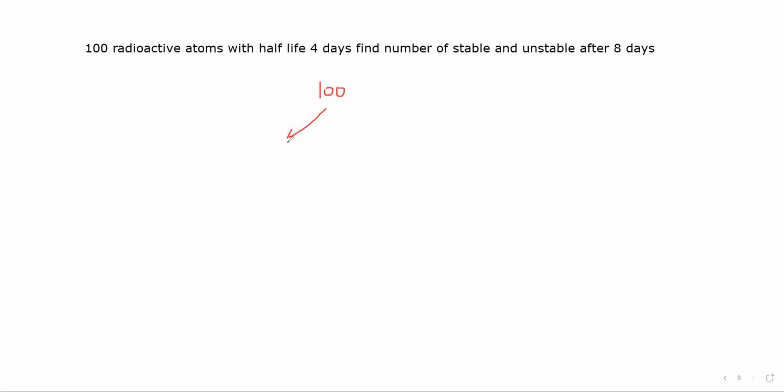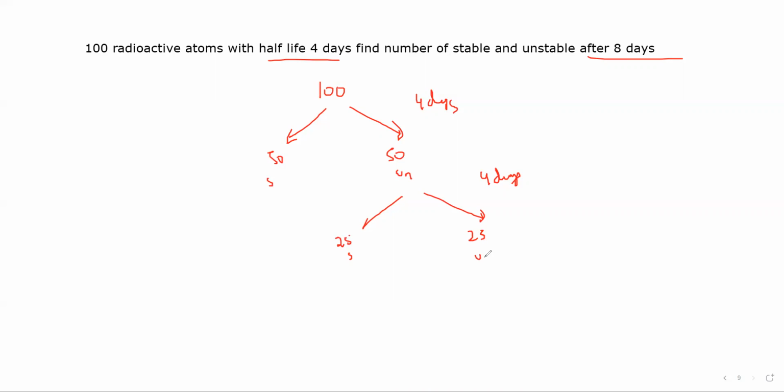So after 4 days, because I want the total time interval to be 8 and the half-life is 4 days, 50 will be stable and 50 will be unstable, still emitting out radiation. Then after further 4 days, 25 will be stable and 25 will be unstable.